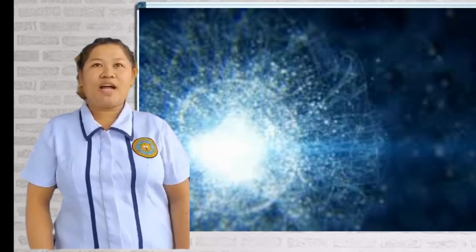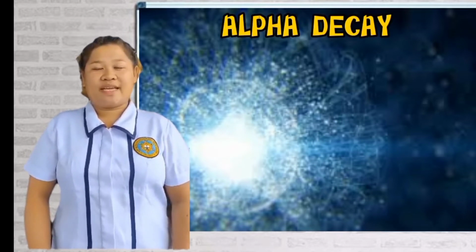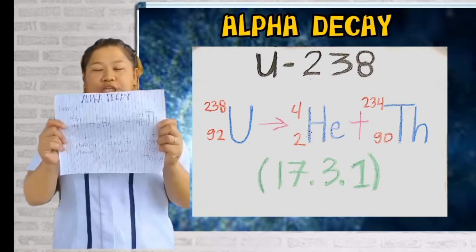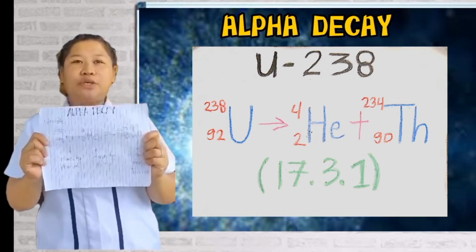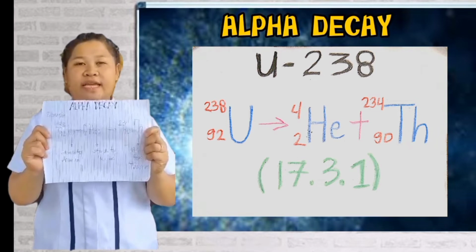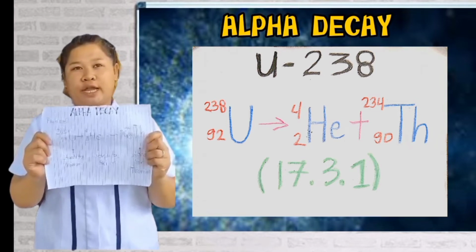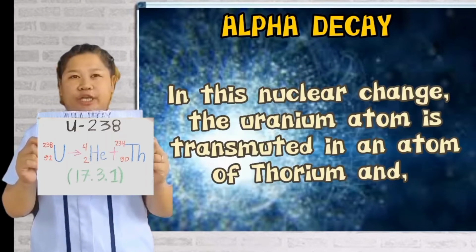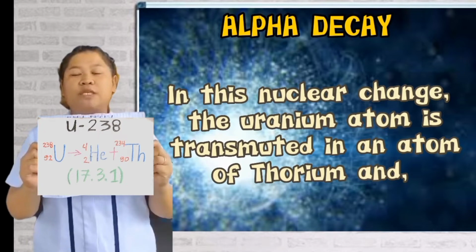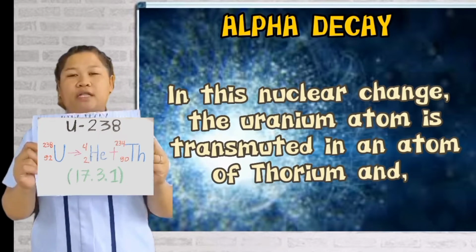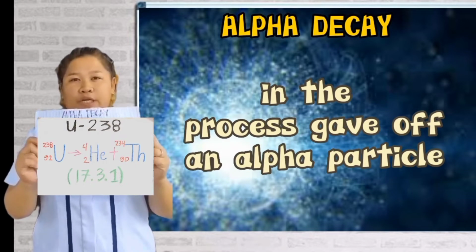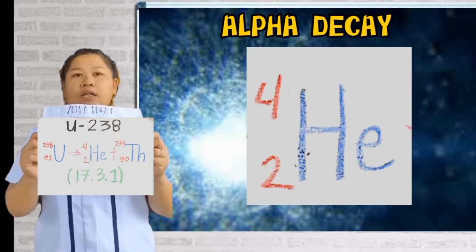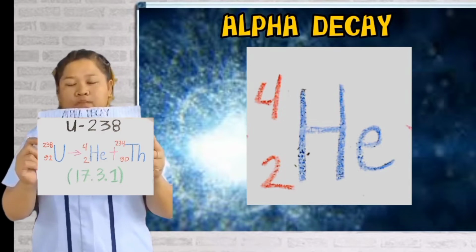An example of alpha decay is uranium. This is the equation. An example of a nucleus that undergoes alpha decay is uranium-238. In this nuclear change, the uranium atom is transmuted into an atom of thorium and in the process gives off an alpha particle. Look at the symbol of the alpha particle.